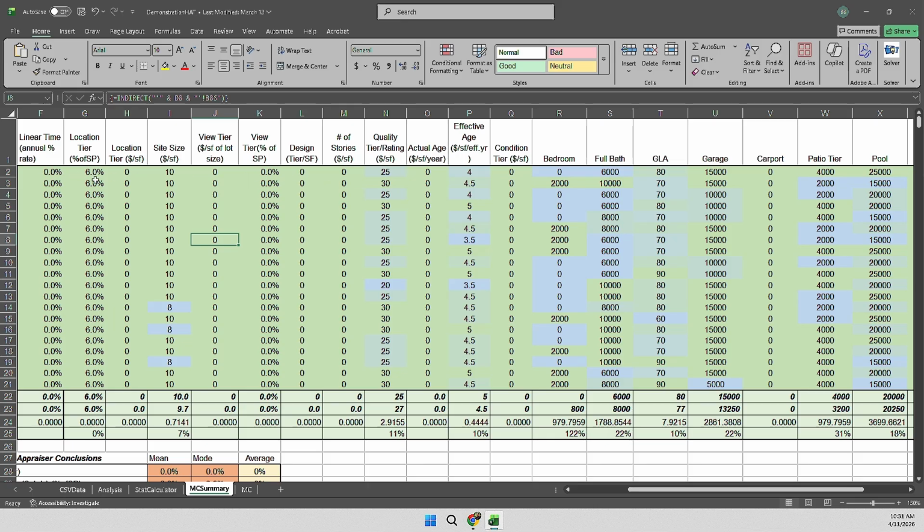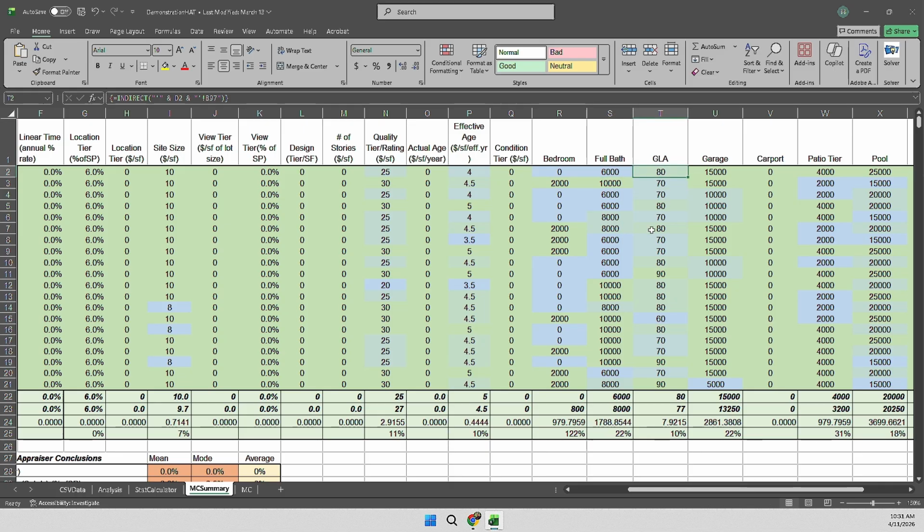So between these first two, we can see that for that quality difference, one was $25 a square foot, one was $30 a square foot. Well, it doesn't mean that 25 is better than 30. It means that 25 is the best quality adjustment when I'm adjusting $4 per square foot per year of effective age, and I'm making $0 adjustment for that bedroom, $6,000 for the full bath, and $80 a square foot.